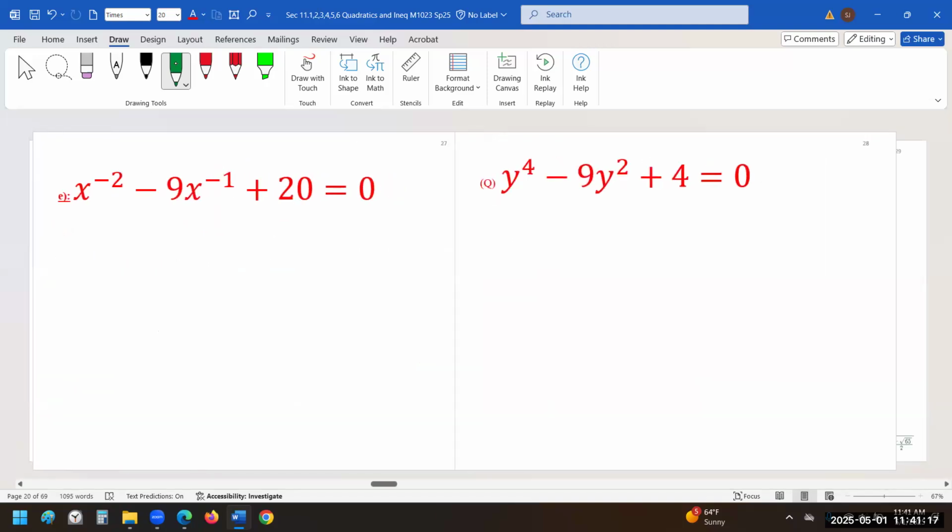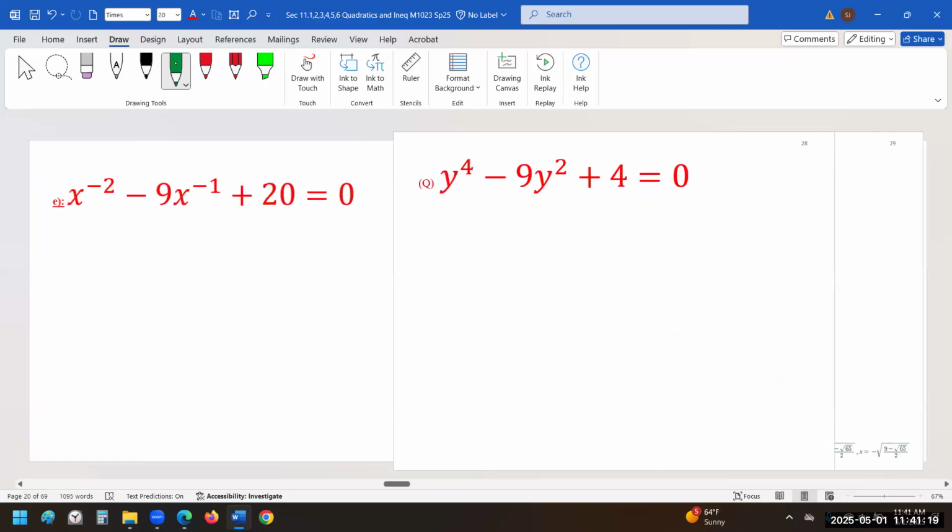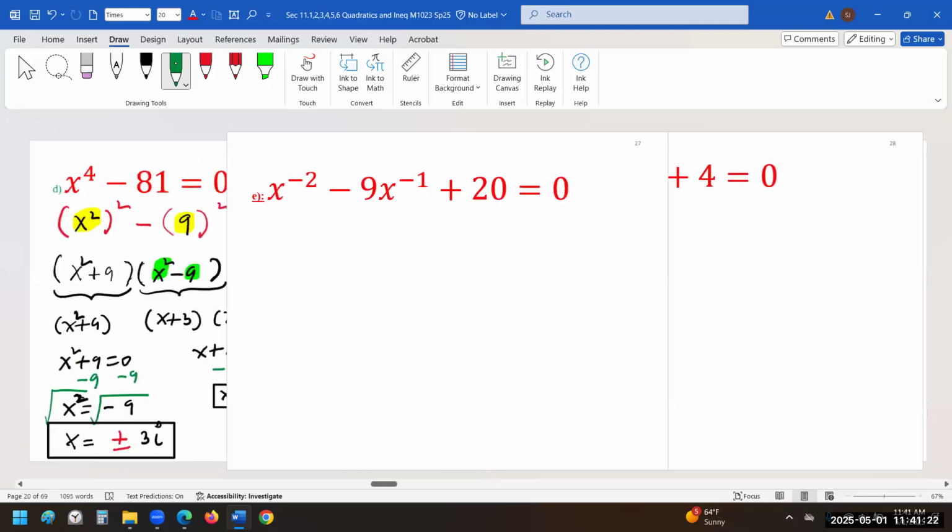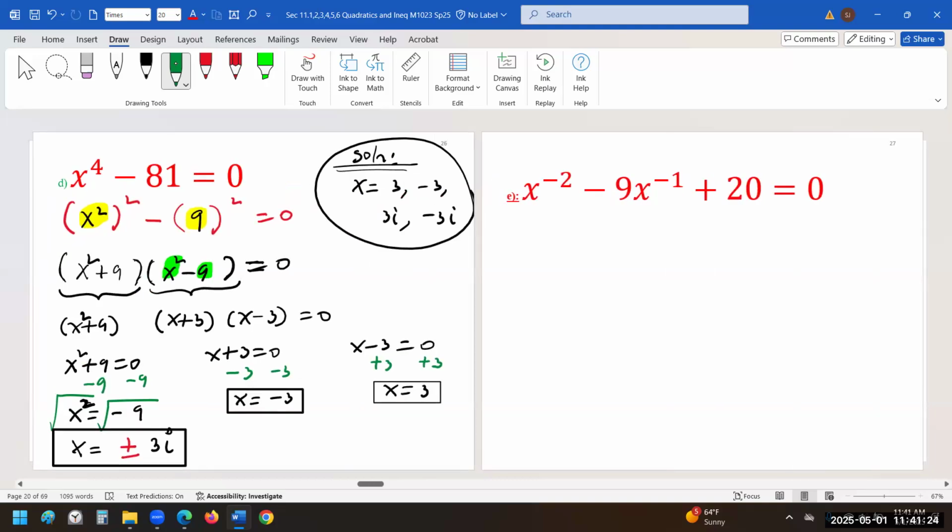Okay, then how many more weird looking do we have? One more. x to the negative 2 minus 9x to the negative 1 plus 20. So if you multiply negative 1 times 2, do you get negative 2? Yes. That means we can try using quadratic methods.